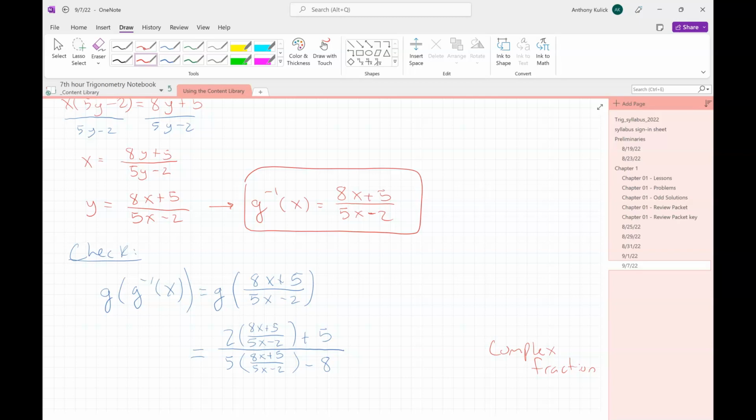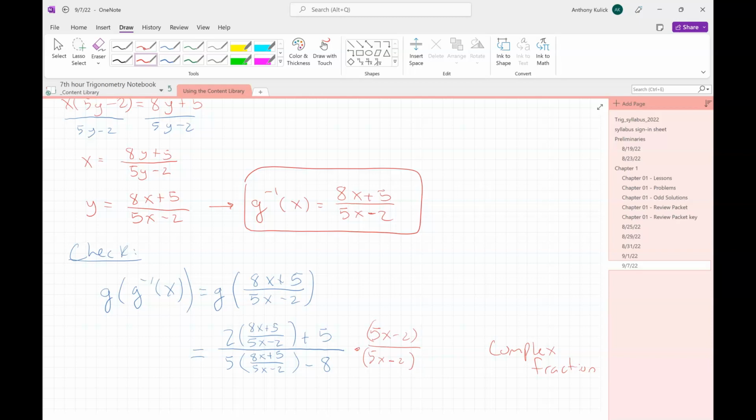What's the least common multiple of 5x minus 2 and 1? 5x minus 2? Everybody agree with that? So I'm going to multiply the top and bottom of this fraction by 5x minus 2. Why am I allowed to just do that? What's 5x minus 2 divided by 5x minus 2? 1.